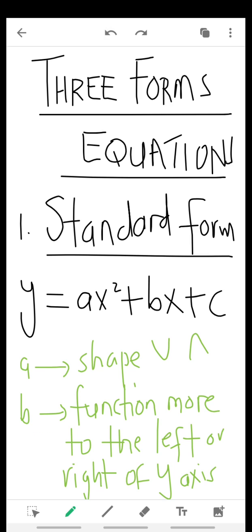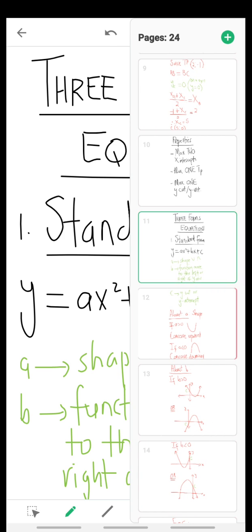B tells you whether your function will lie more to the left-hand side of the Cartesian plane or more to the right, relative to the y-axis. So you need to know when each of those will happen. Okay, that is very, very important.